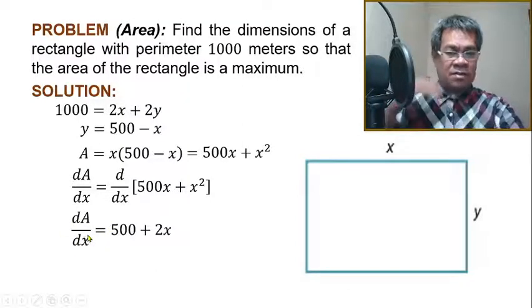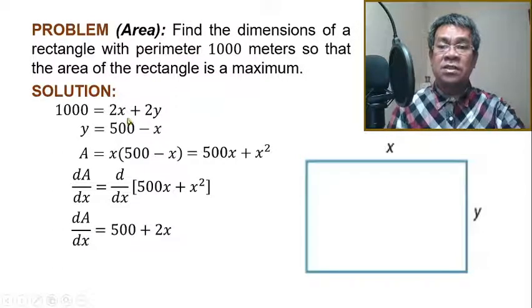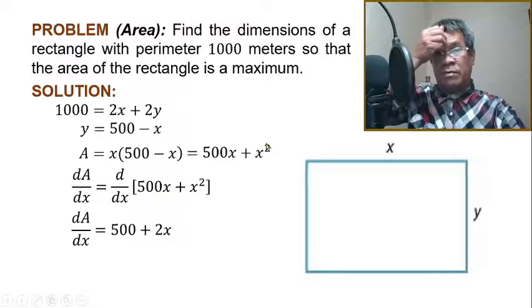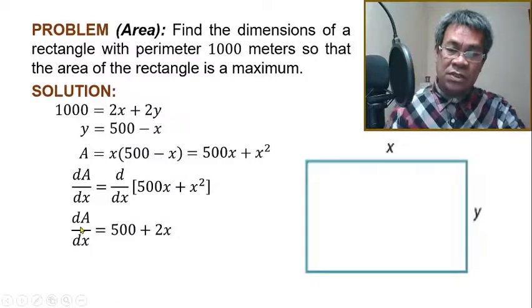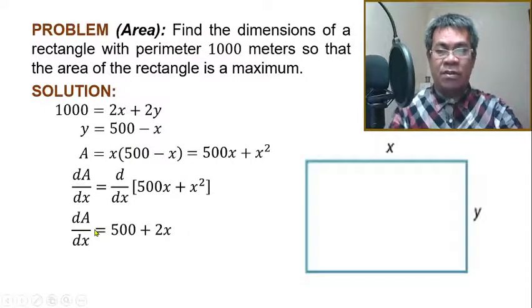This is the derivative, the rate of change. Take note, the derivative means the slope of the tangent line to this curve and this function. By the way, this is area. The area again is a parabola, but this one opens downward. If you are looking for the maximum value, or maximum area, then you have to equate this to 0, because equating to 0 is how we obtain the critical point.